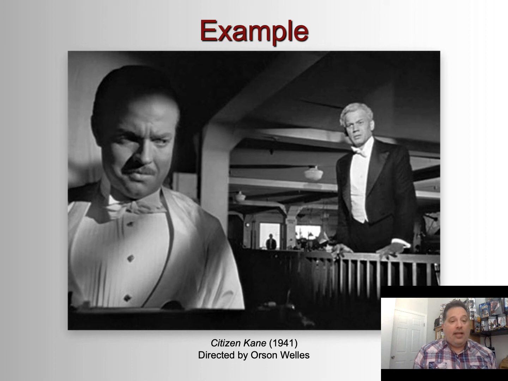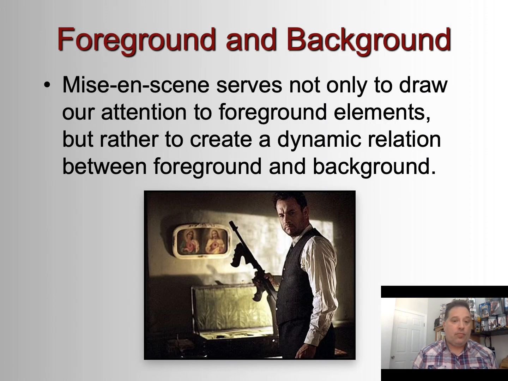And again, as with the power dynamics that were registered in the shot we looked at from Barbershop, this is meant to convey an idea of who has power in the scene, right? The powerful Charles Foster Kane here, or his less powerful colleagues behind him. And that's how foreground and background works.